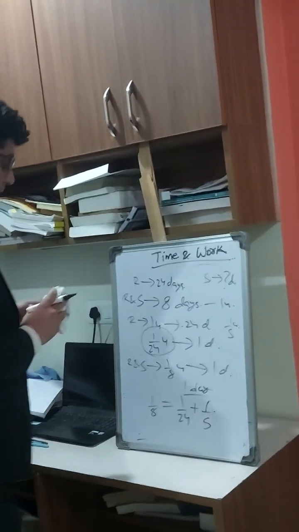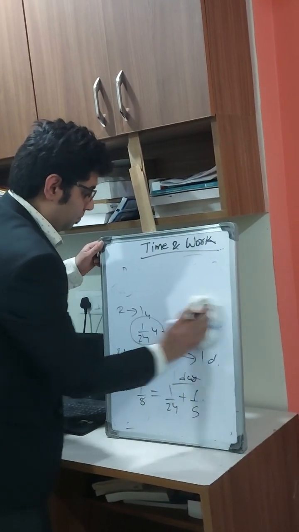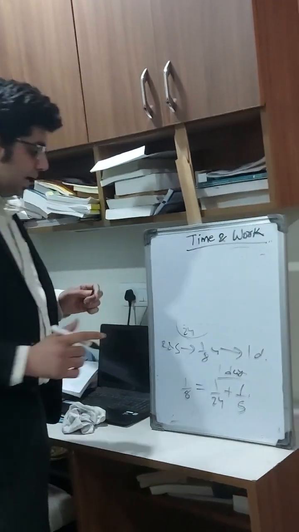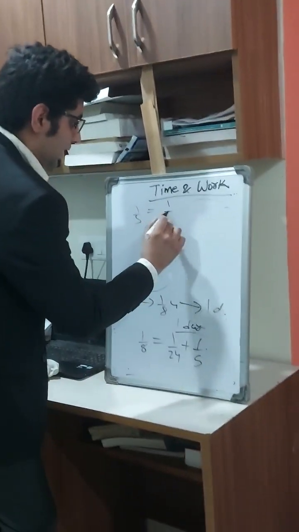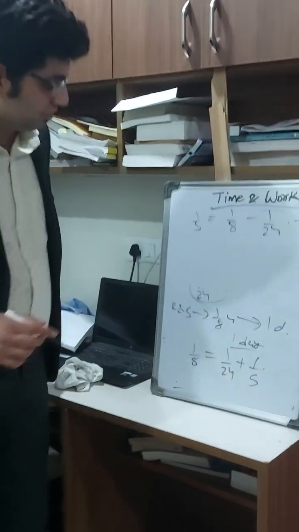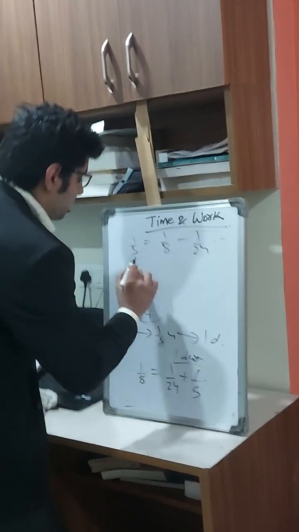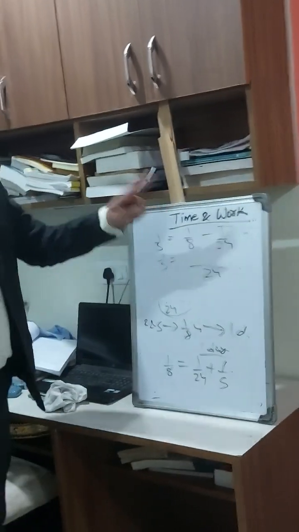If I erase the upper part, we can see that 1 by S equals 1 by 8 minus 1 by 24, because we are shifting 1 by 24 to the LHS. So 1 by S equals, what would be the LCM of 8 and 24?